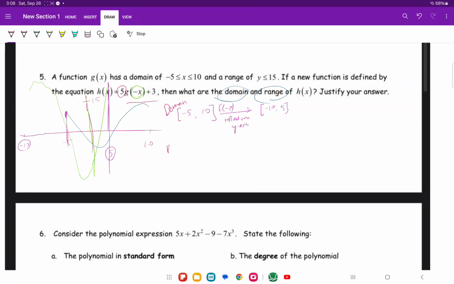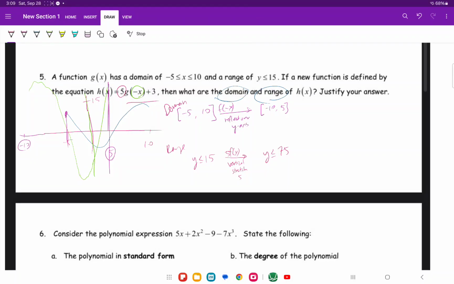If the old range was y is less than or equal to 15, then doing 5 times f of x, as a vertical stretch of 5, the new range is going to be y is less than or equal to 15 times 5, which is 75.